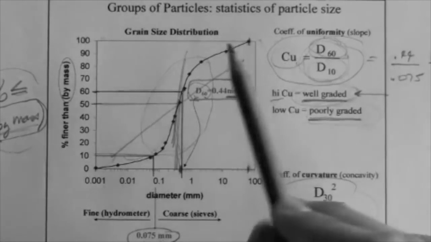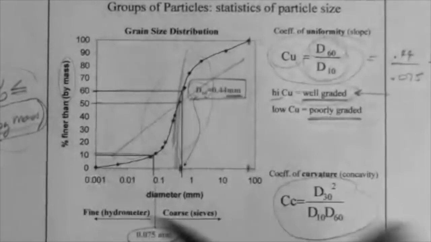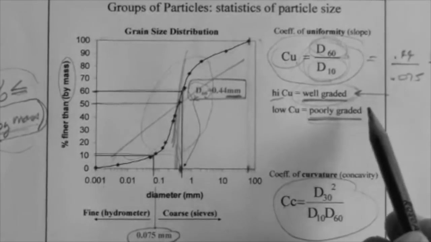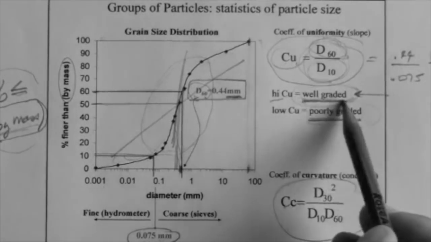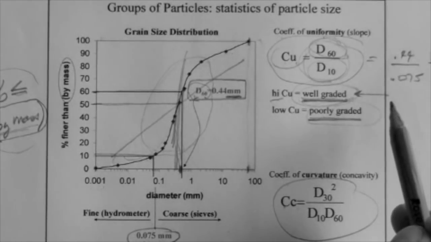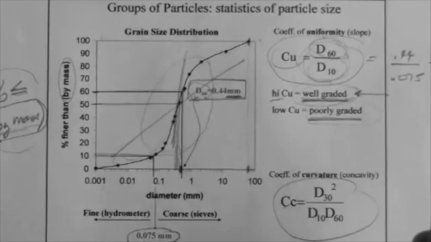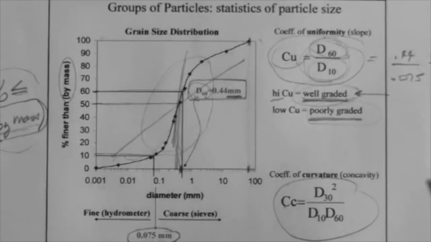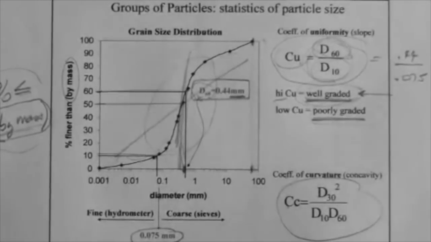So if we have coarse particles, this is for coarse, okay, in general, what we would like to encounter is a well-graded soil, well-graded sand, for example, that is compacted, let's say, at a relative density of 95%. If we find that in the field, we're happy because we know that soil is going to be very strong and stiff. Okay.